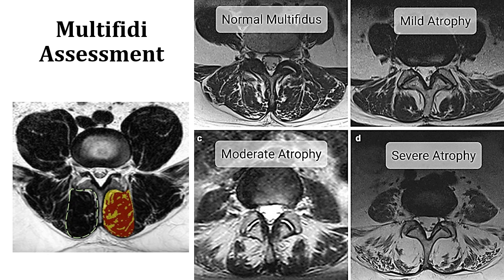And then the mild atrophy, shown in the image in the top right, is slightly smaller than the first, and then the moderate and the severe below that, where the majority of the gutter along the spinous process is more white than it is red, or in this case, black. And so you're looking first for the muscle bulk, and then secondarily to that, you're trying to stratify the amount of fatty infiltration.